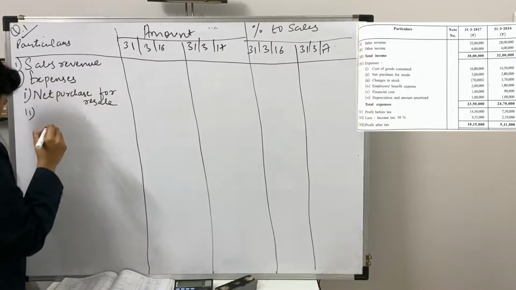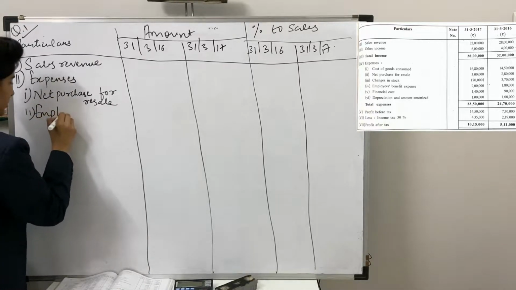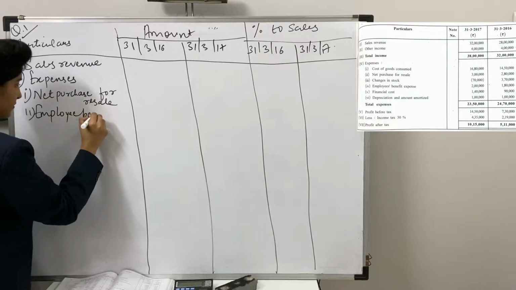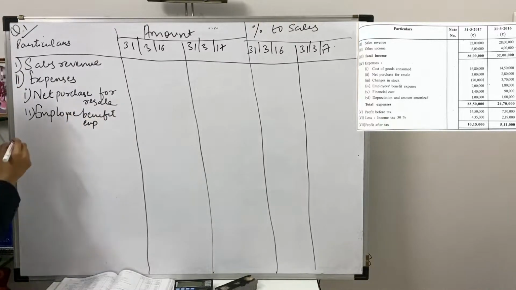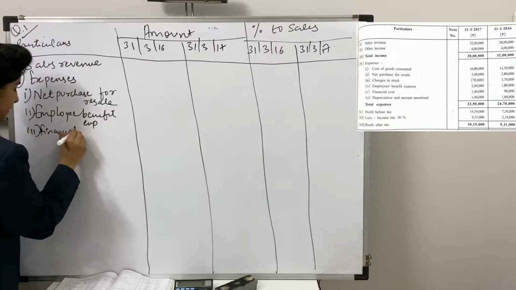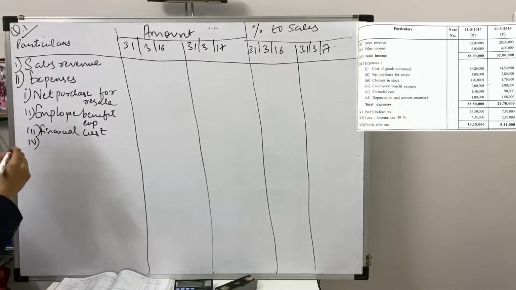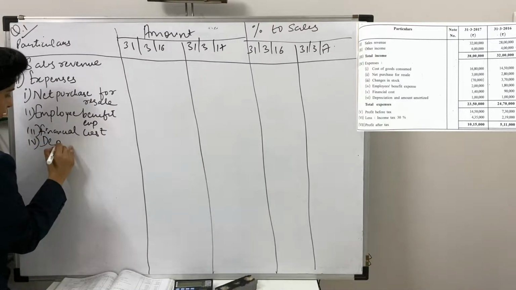Next is your employee benefit expenses. Next is your financial cost. Fourth is your depreciation and amortization.